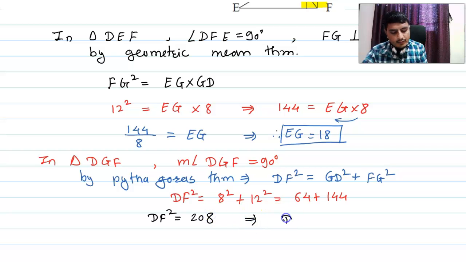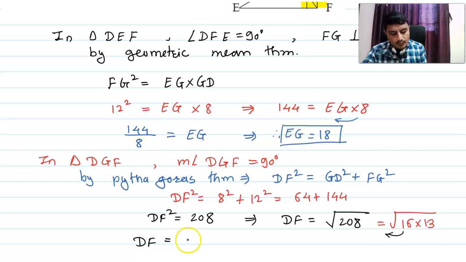Now to evaluate DF, taking square root on both sides, DF equals square root of 208. We can write 208 as 16 into 13. Taking 16 outside the square root, square root of 16 is 4 into root of 13 as it is. Therefore the value of DF is 4 root 13.